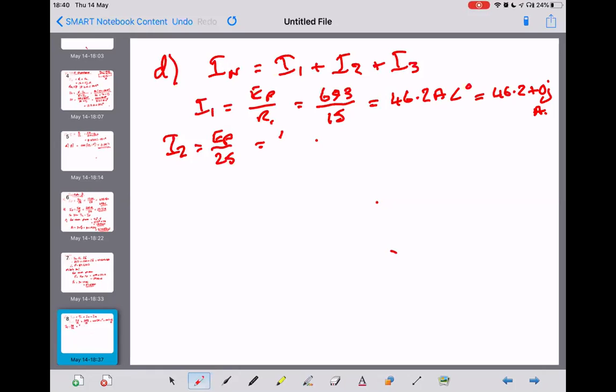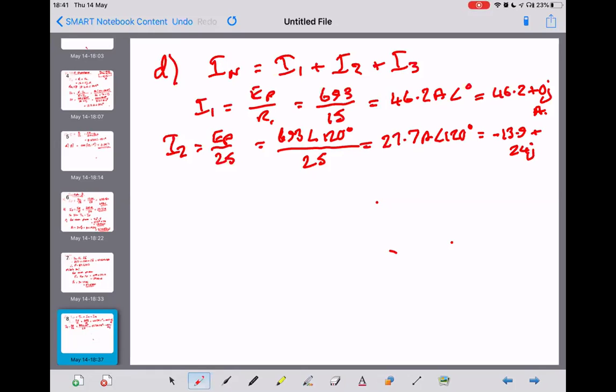So you put 693 angle 120 over 25, and you got 27.7 amps, angle 120 degrees, which in rectangular is minus 13.9 plus 24J. Yep, good.